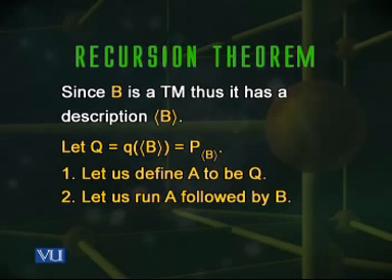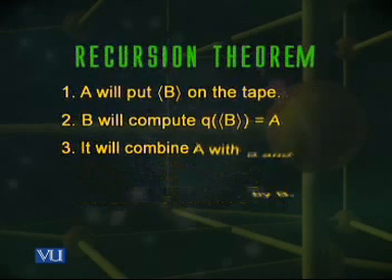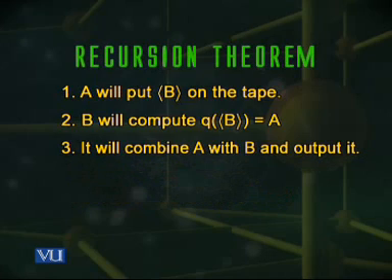B takes whatever description of a Turing machine it gets on its input tape and computes Q of that and combines it with that description. But Q of B is A. Therefore, it would compute the description of A and follow it by itself, which is B, which is what it found on the tape. So we have constructed a Turing machine which, when we run, prints its own description.